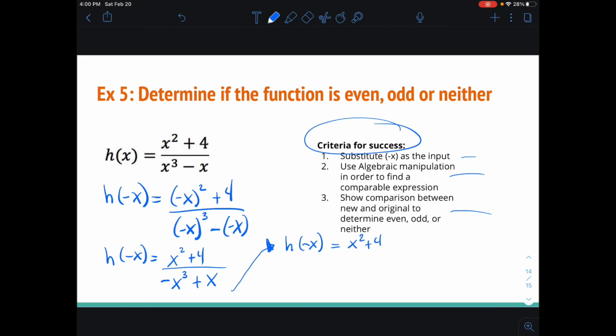I'm going to leave the numerator alone. I'm going to take a negative 1 out of the denominator. Now I see that the numerator and denominator are exactly the same as h of x except for that negative 1. So we're getting very, very close.